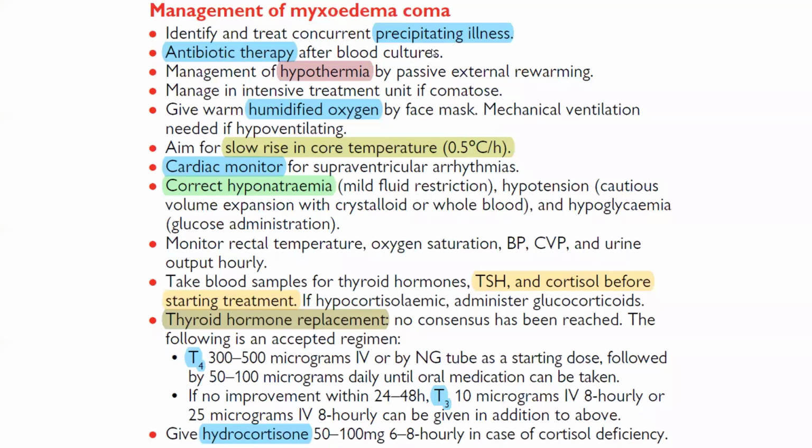In a case of iatrogenic hyperthyroidism in a patient on thyroxine, by what percentage should we reduce the dose? If the patient is on more than 1.6 microgram per kilogram per day, I will reduce to this dosage. But if the patient is already on this dosage, I will reduce it by about 25% or 10%. For example, if the patient is on 150 microgram levothyroxine, I will reduce it to 125.